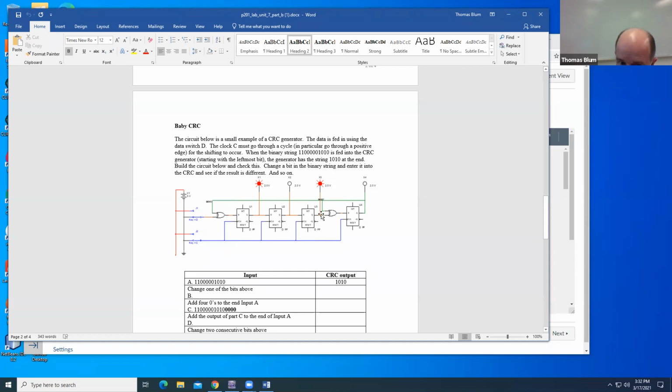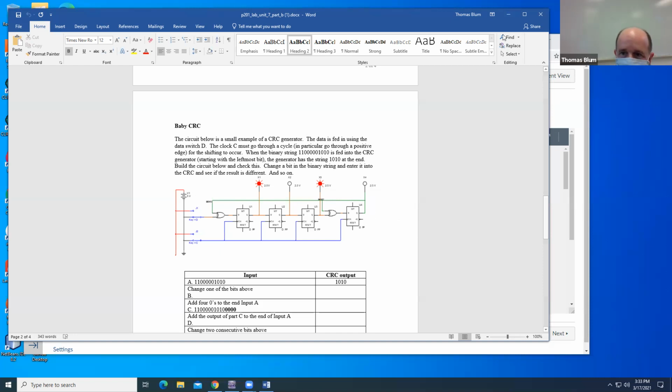That makes it a shift register. But it has these additional excluded ORs. So that's what's turning it into a CRC, a cyclic redundancy check. So this outgoing output, this sort of last output, comes back around and is fed in as one input of an excluded OR in this very last flip-flop, and in this case, in the very first flip-flop.